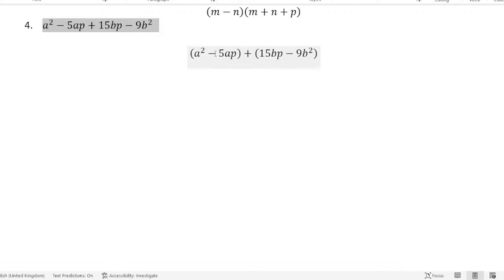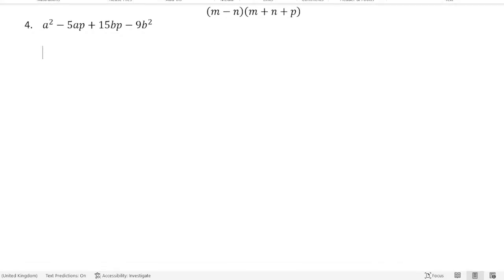Here we have to group first the difference of two squares. We have a squared, then minus 9b squared, so we're grouping together the difference of two squares, a squared minus 9b squared.